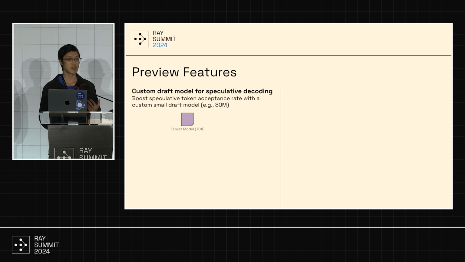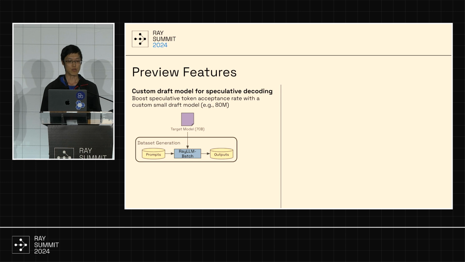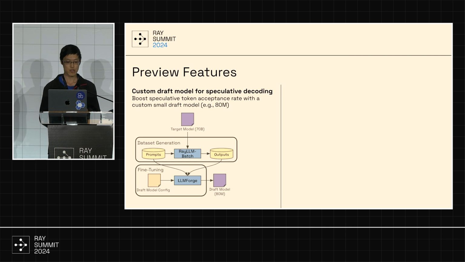But in Anyscale, we offer an end-to-end solution in the Ray Turbo. Specifically, you will first have your target model ready, and then you can use the RayLLM batch to collect the outputs and responses of this large target model. Then you can use LLM Forge, which is an Anyscale fine-tuning solution, to train a small draft model cost-effectively.